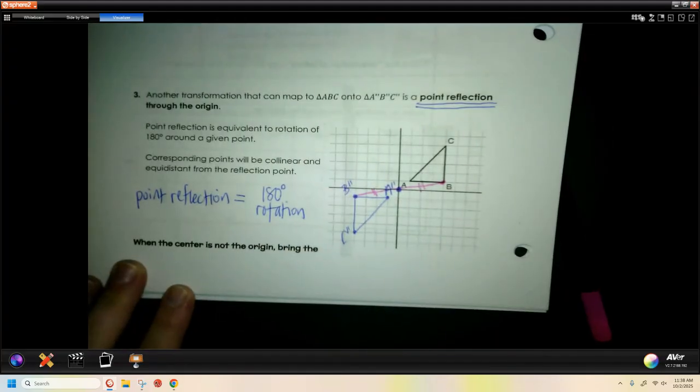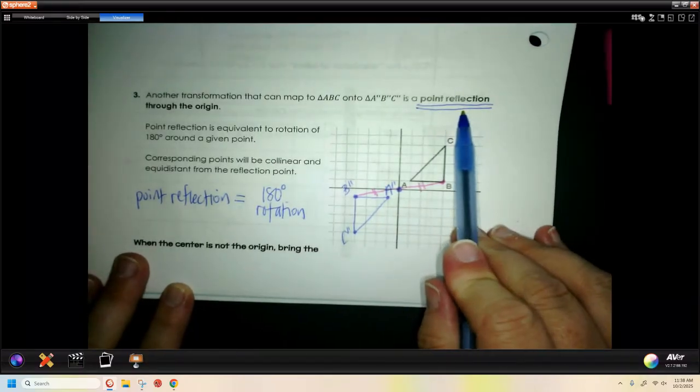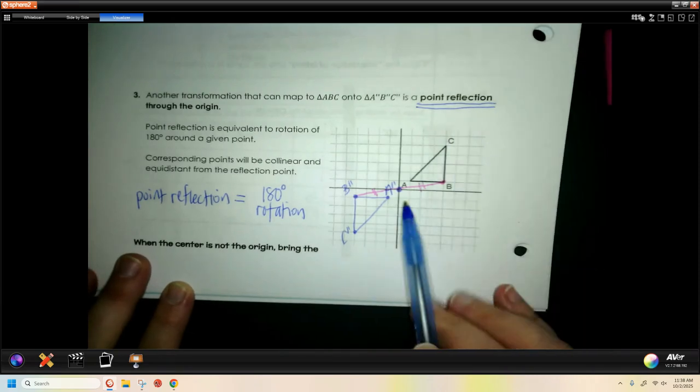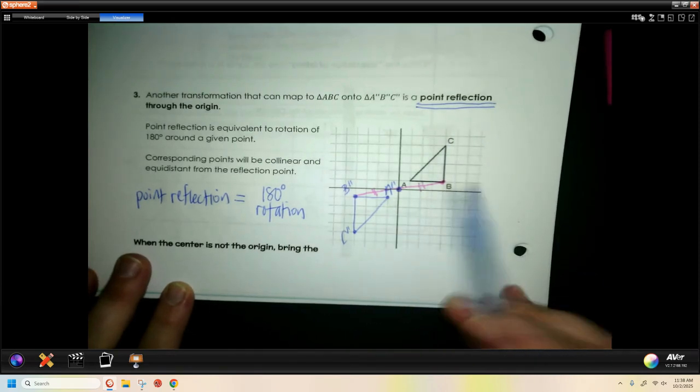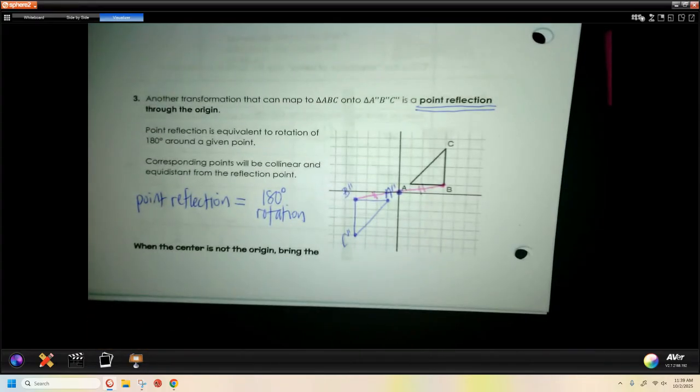That's all you need to know. Point reflection is the same thing as 180-degree rotation. Is it point rotation or point reflection? So up here, this word point reflection, I did it specifically through the origin.